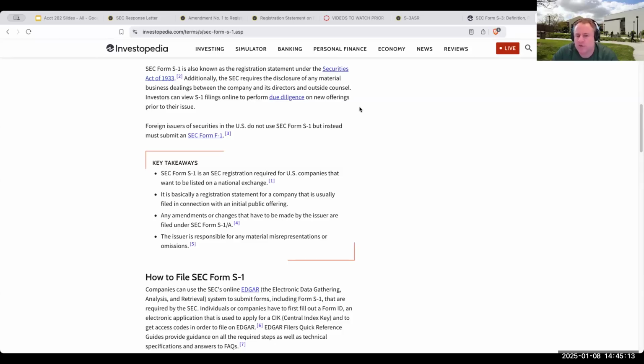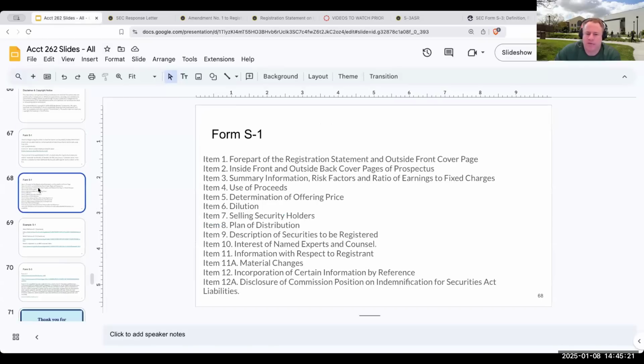If the Securities and Exchange Commission doesn't approve it, your company is going to be unable to go public. So when we look at what is included in this, you have a variety of different items, including the prospectus, the registration statement, and the outside cover front page.